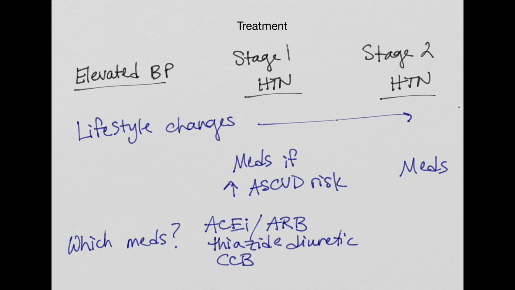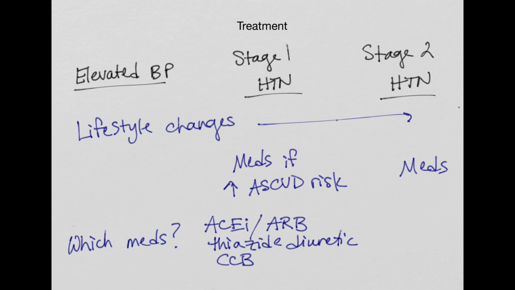You don't have to know the details about when we do this, and we won't try to trick you or anything. Patient has diabetes, or they have already had a heart attack, they've already had a stroke. Those patients are clearly at elevated risk, and we would add medications to the lifestyle changes.